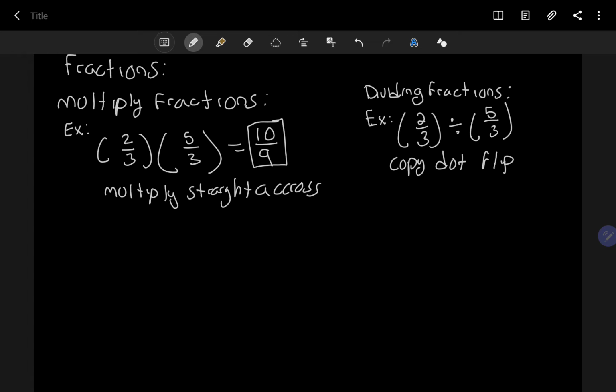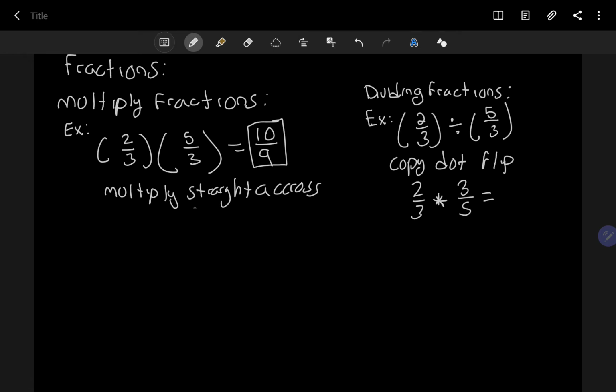And what that means is we copy the first fraction and then we multiply the second one, flipped. Copy dot flip. And so from here, now we just have a multiplication of two fractions.